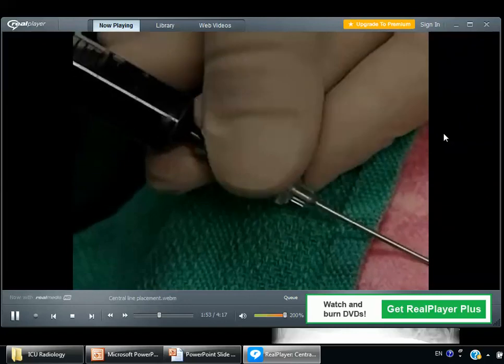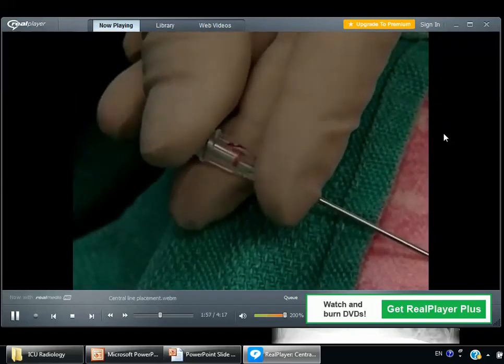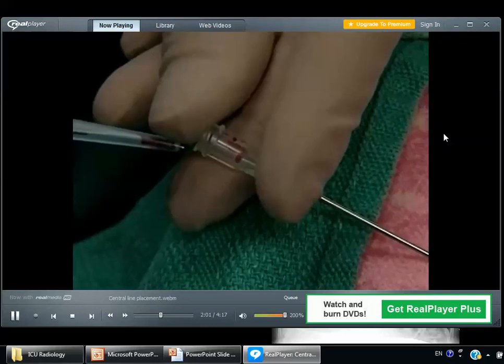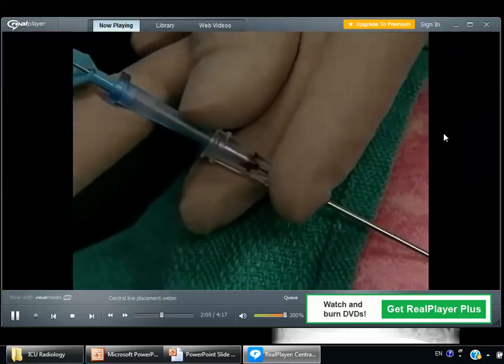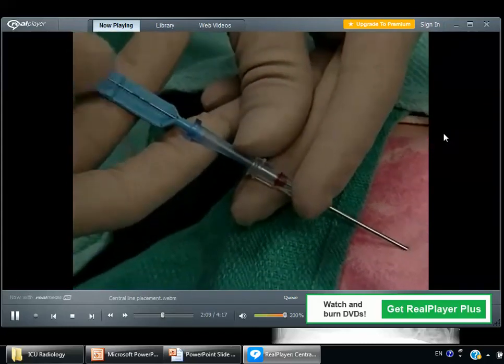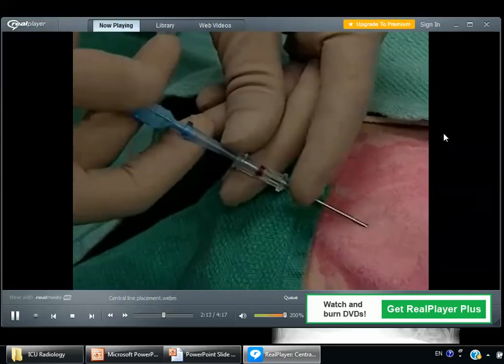Hold the needle securely, remove the syringe, and start feeding the wire. That 20 centimeter mark disappears into the needle and we'll go just past that point.